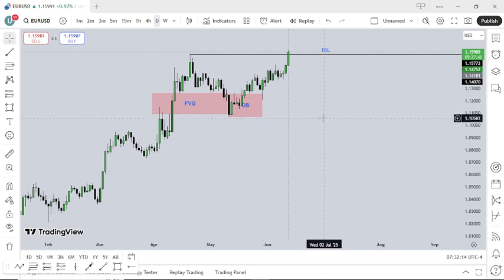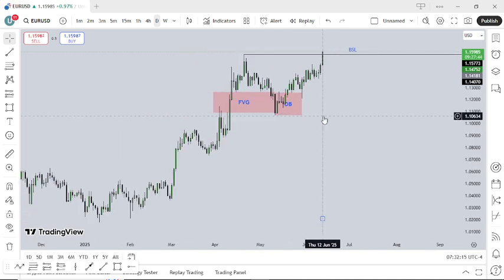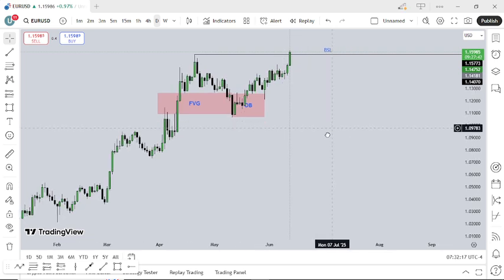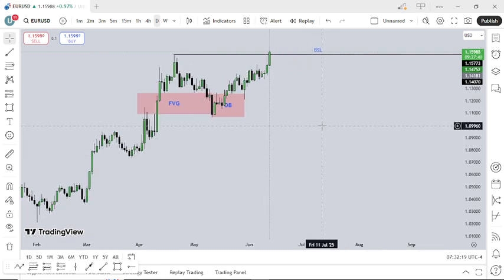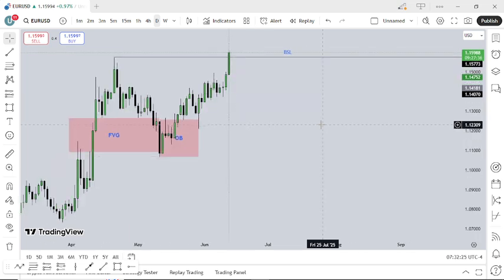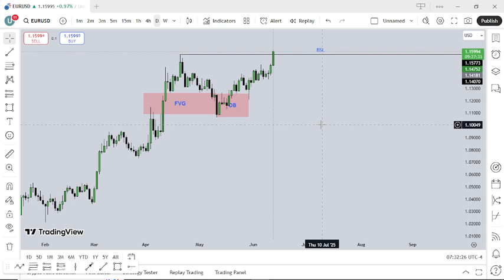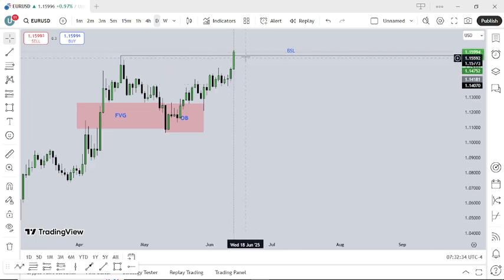I have with me here the daily chart for Euro USD. As we can see, if we followed up on our last week weekly trade review, we can see that the price point that we called our buy side liquidity, that price has gotten to that place.